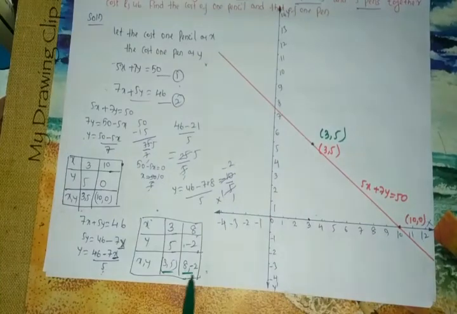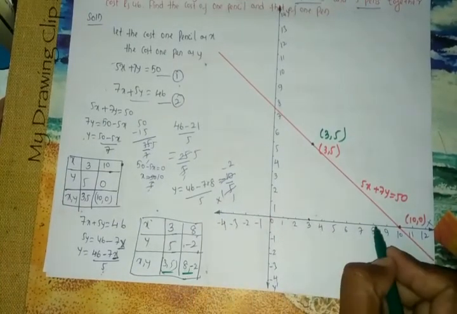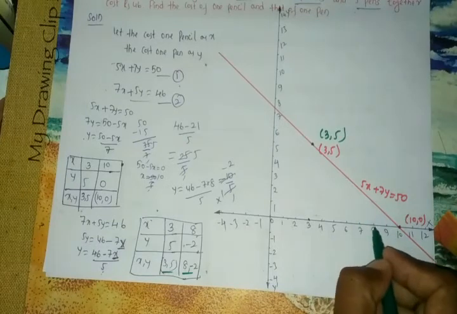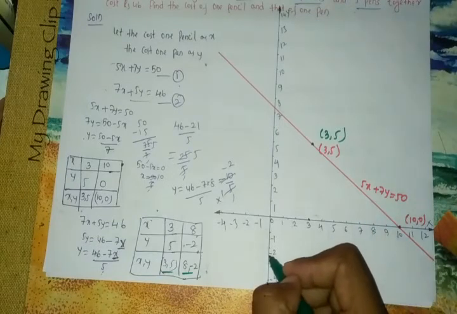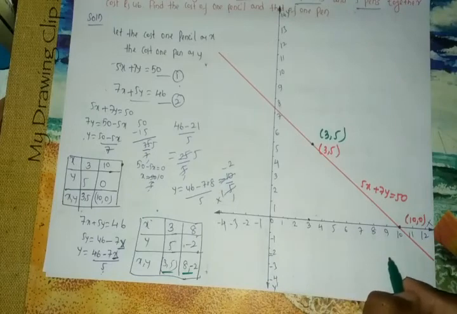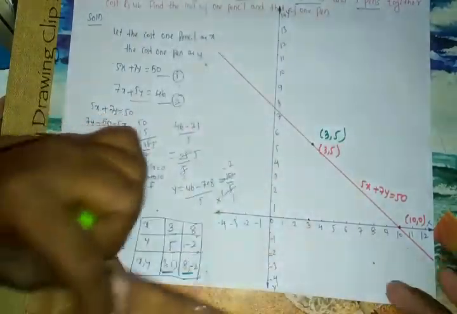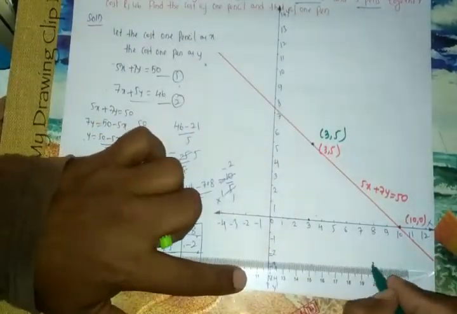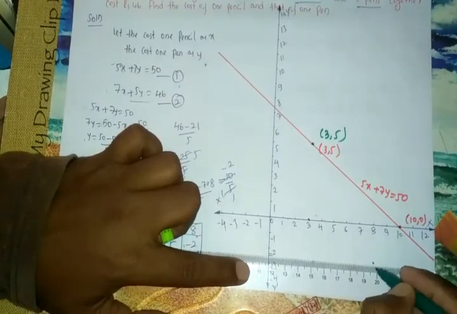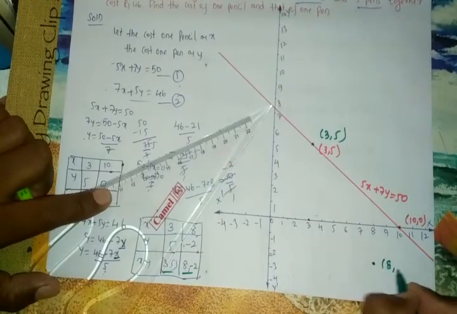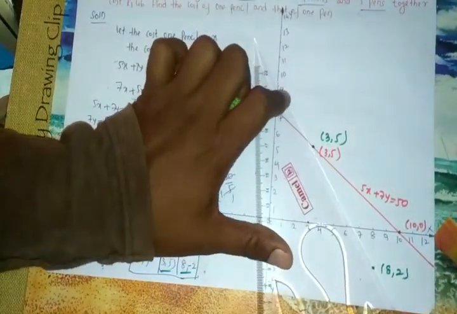One more point: when x is 8, y is minus 2. So let us join these 2 points.